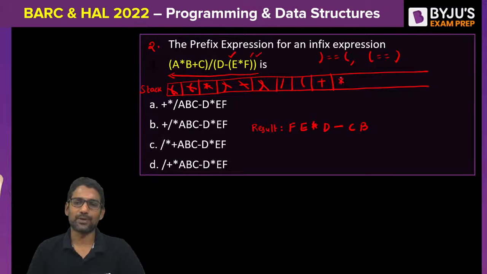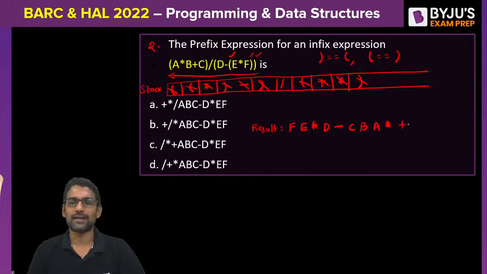Multiplication has more priority than the top of the stack, so we simply push, then A, then parenthesis. So until parenthesis we keep popping, neglect the parenthesis, expression is over.